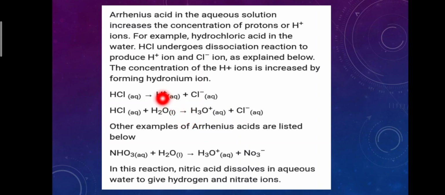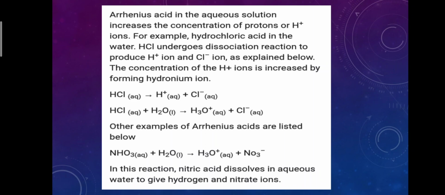The lone pair of oxygen attacks the H positive and forms hydronium ion by the removal of chloride ion from HCl.